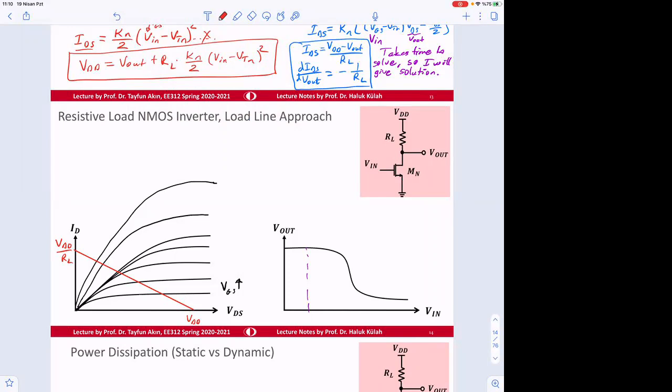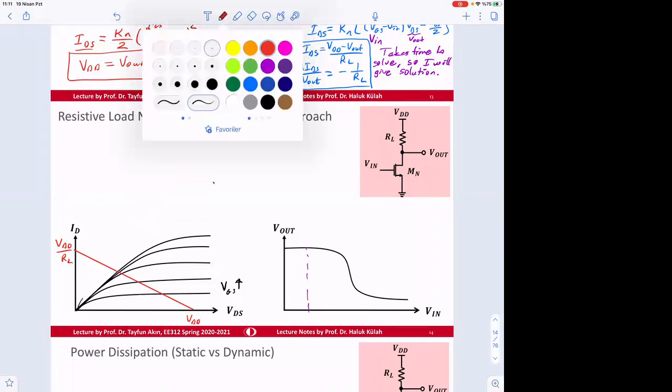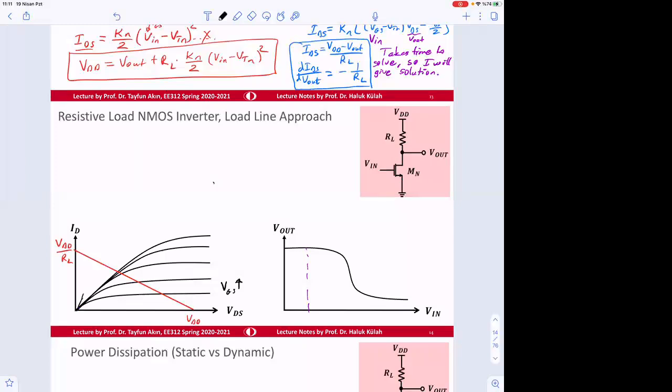Okay, so maybe I should erase this one and this one and draw it again.